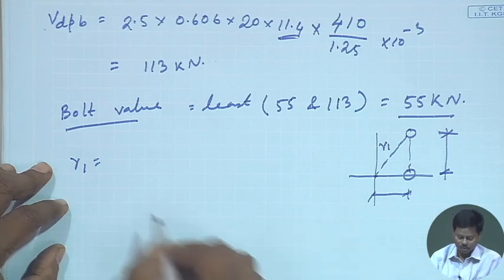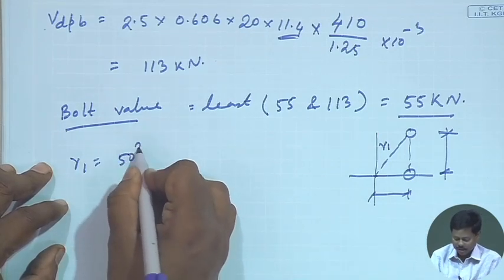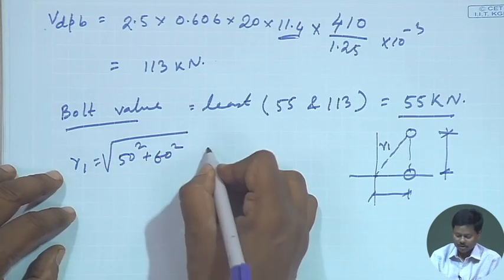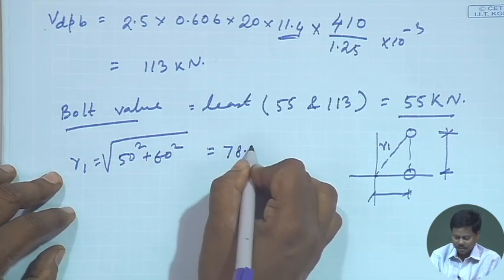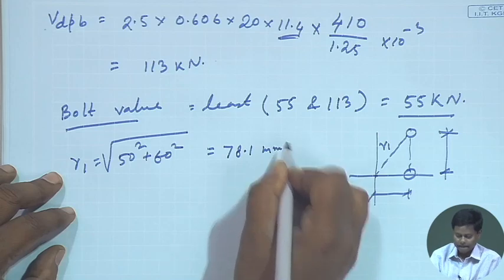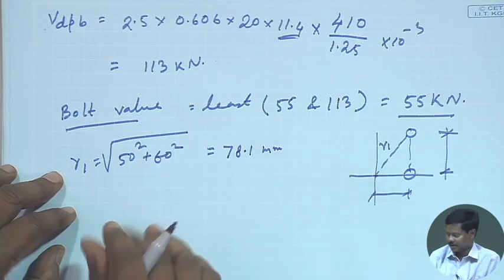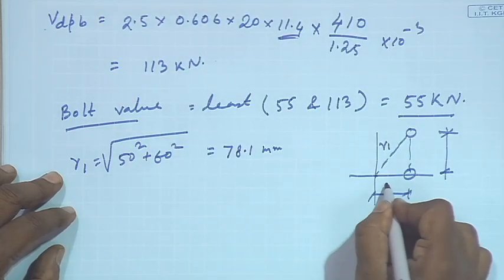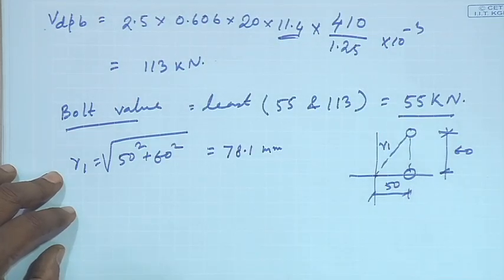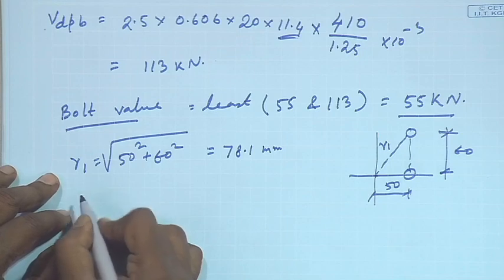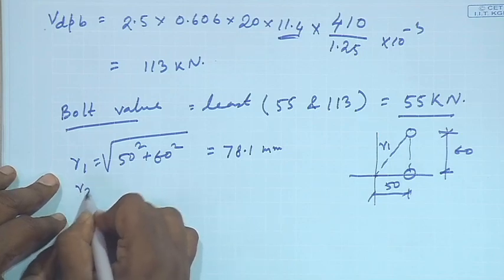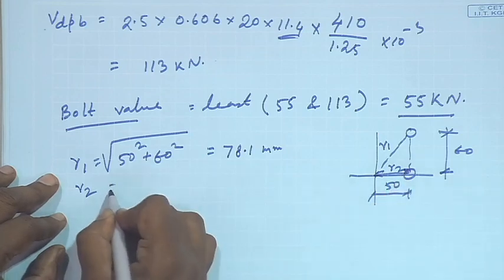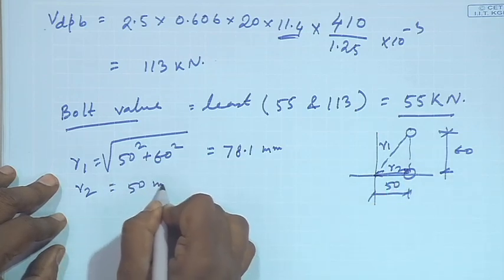So, this is the square root of 50 square plus 60 square, which is 78.1 millimeter, because this is 50 and this we have considered 60. And R2 will simply be 50 mm.